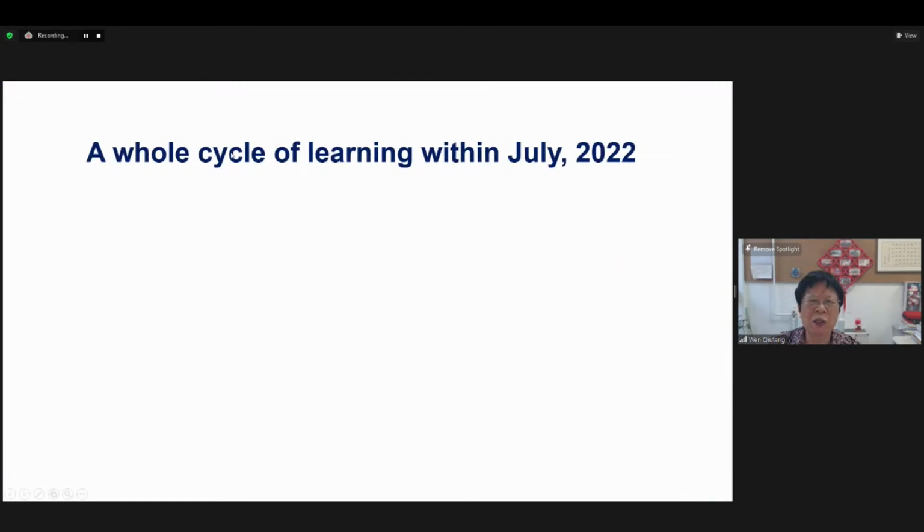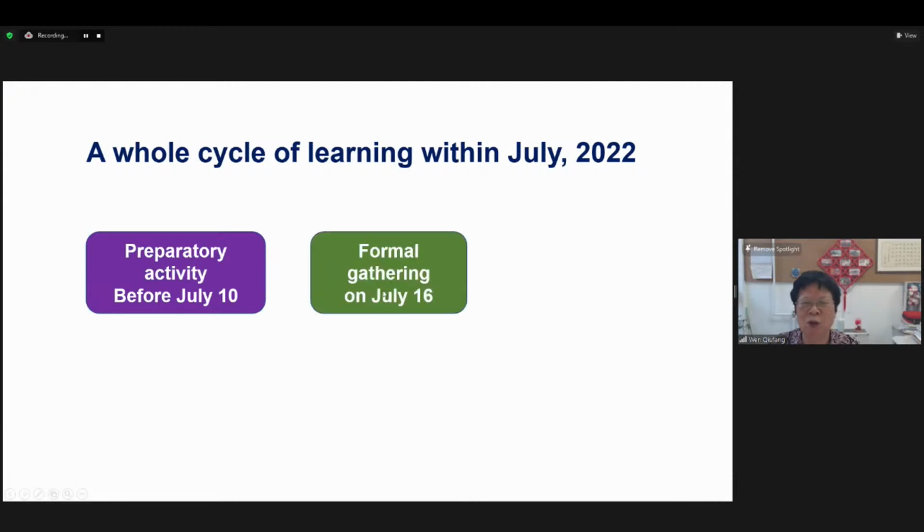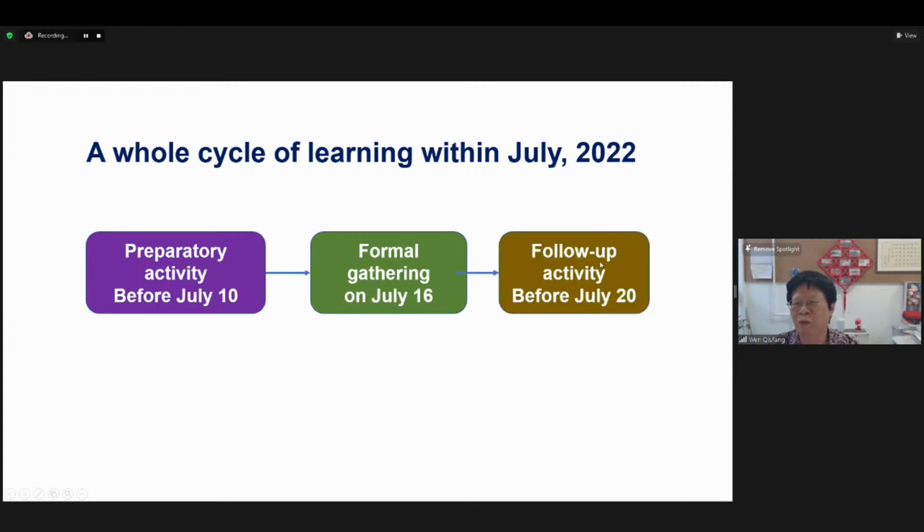Okay, now the whole cycle of learning within July is like this. First, before July 10, all the CC members have to carry out preparatory activity. And then we have a formal gathering on July 16. And then we have follow-up activity before July 20.